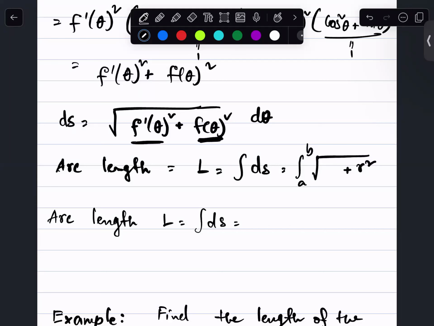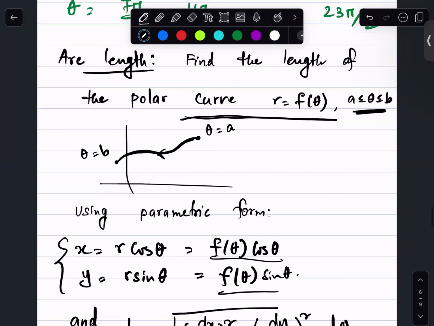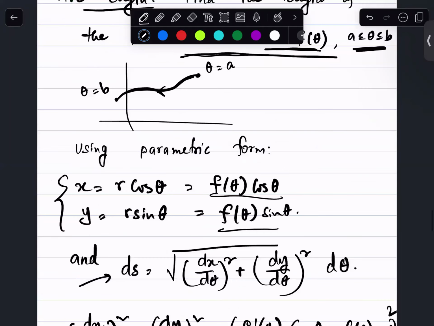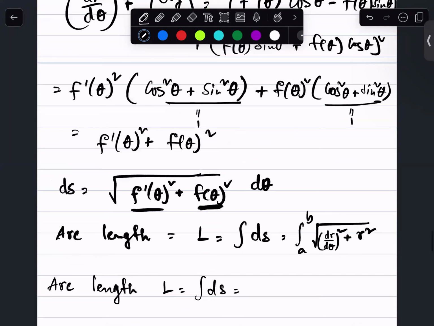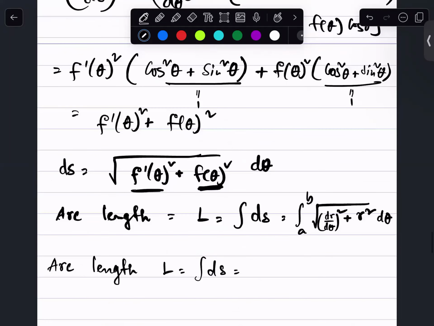So what is f'(θ)? I know that f(θ) is r, so f' will be dr/dθ. I'll get (dr/dθ) whole square. Okay, and there should be a dθ at the very end. So this is the expression for arc length.